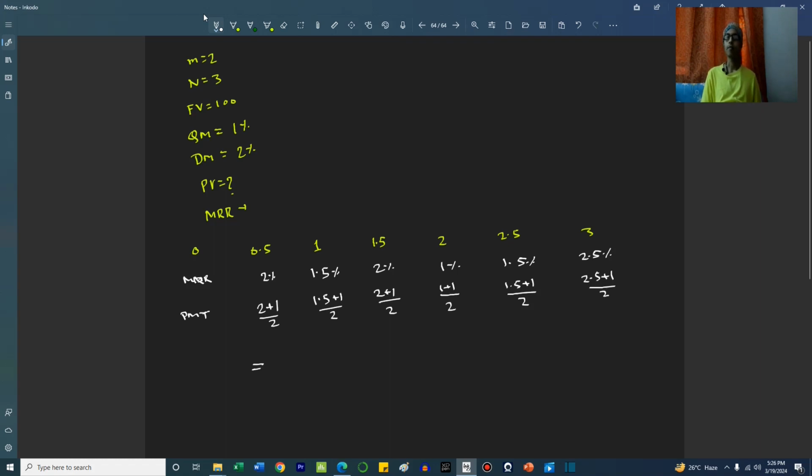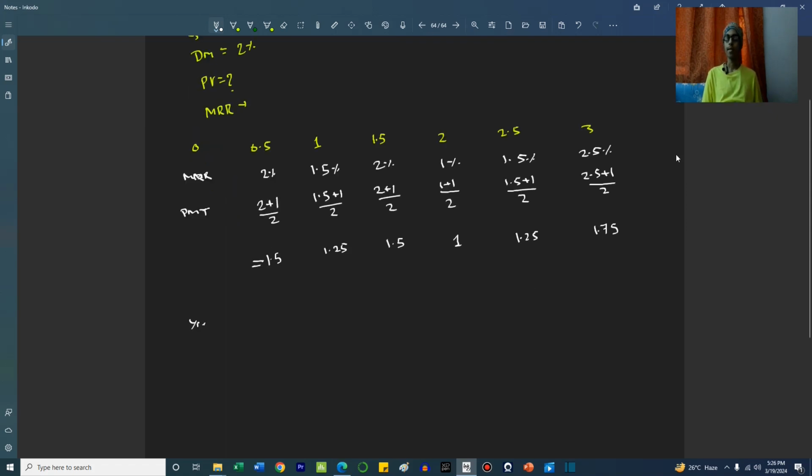Let's write the values. This is equal to 1.5, this is 1.25, this is 1.5, this is 1, this is 1.25, this is 1.75, right? These are the periodic payments.